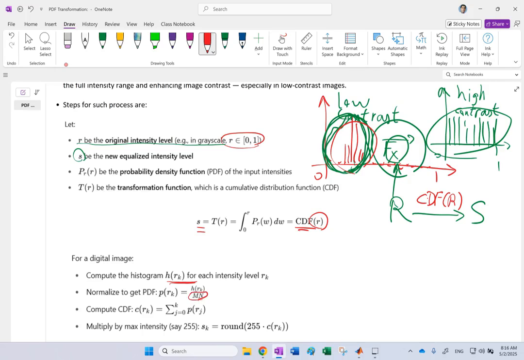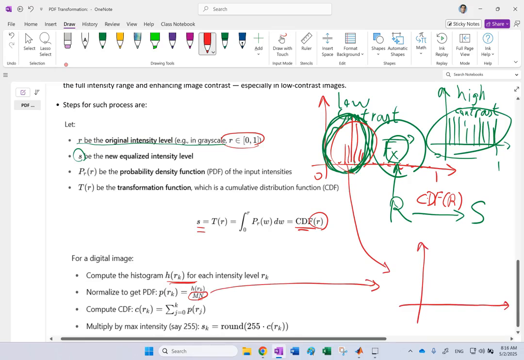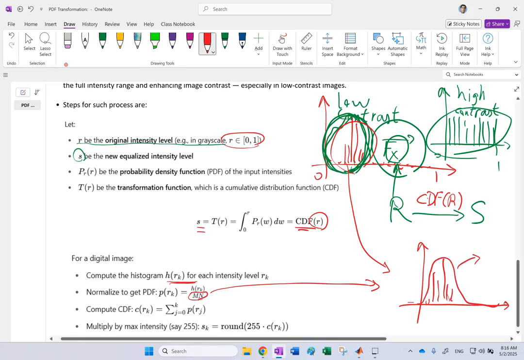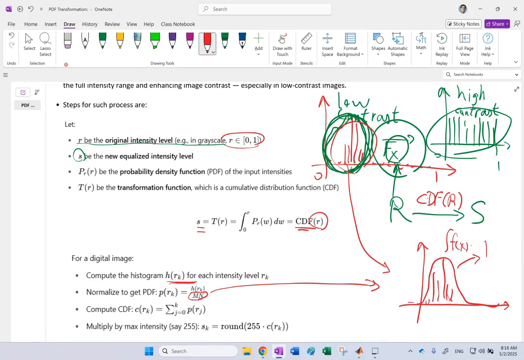It makes sure that when you normalize it, it still looks like the histogram it used to be, but normalized. So now the area under the curve over the whole range is equal to 1. Here it might not be 1, but here we divide it by m times n, so when you integrate that, this whole thing becomes 1. So now this histogram, by normalization, can approximate my PDF.